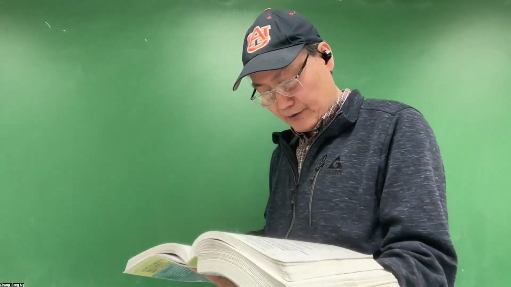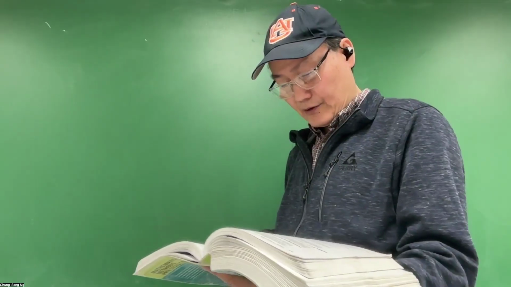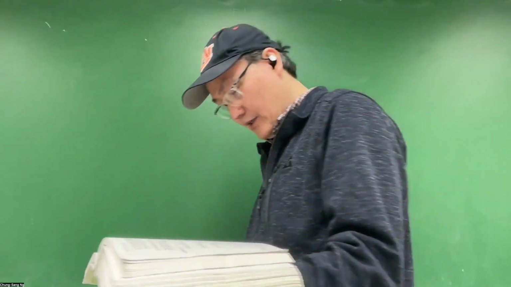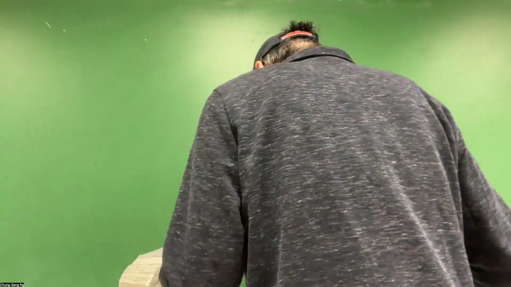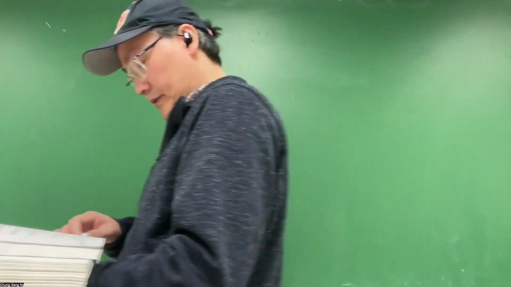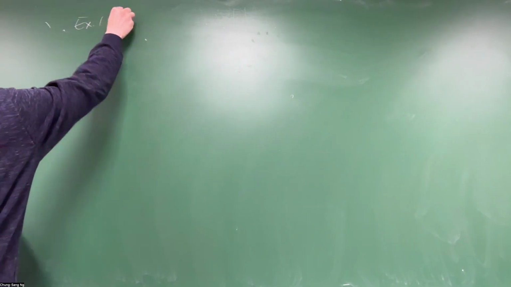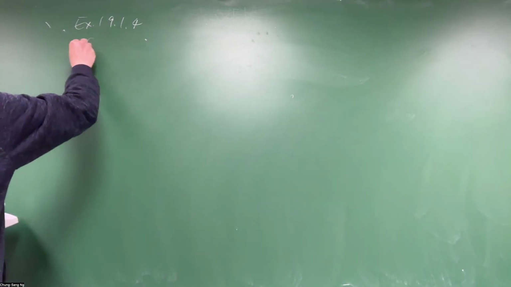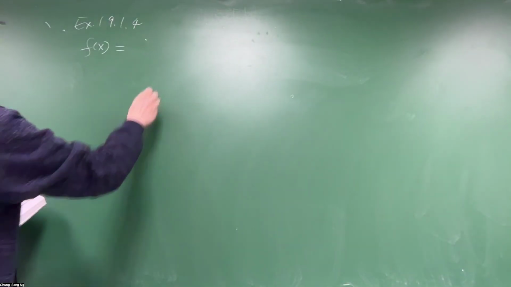The way he is asking in 19.1.4 is using the cosine and sine series. So we could just work that out. We just go back to the form of the series, which is 19.1 for f(x).